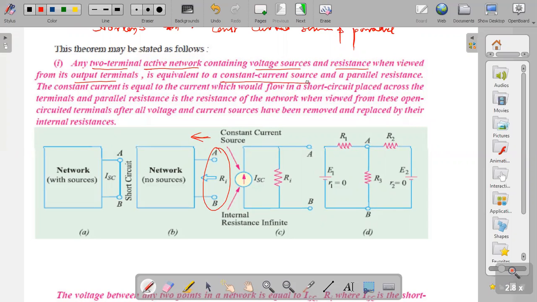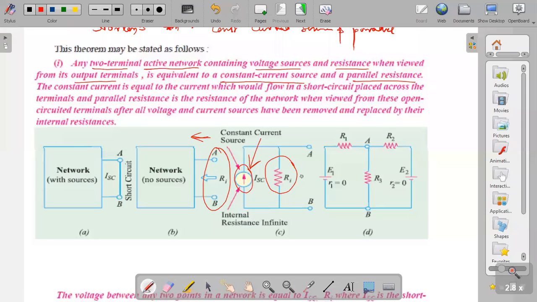This is your constant current source, and parallel resistance. This is your parallel resistance. Understood?